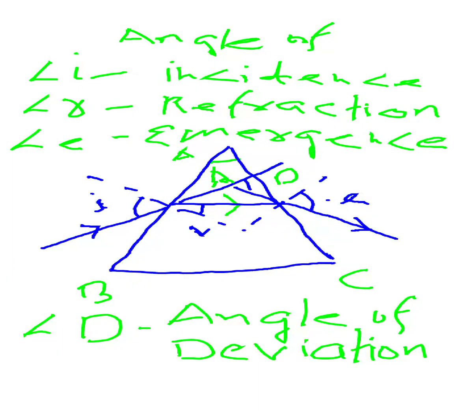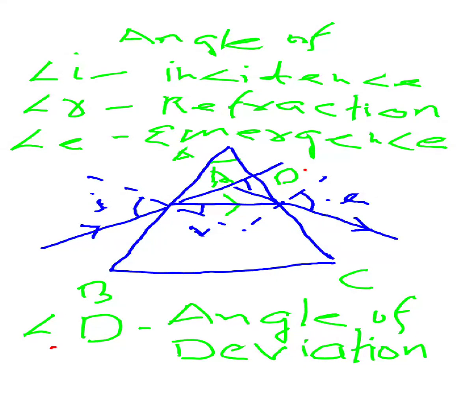Let me show it with a different color. This is a red dot and this is a red dot. These two are the angle of deviation. You should know the convention being followed.